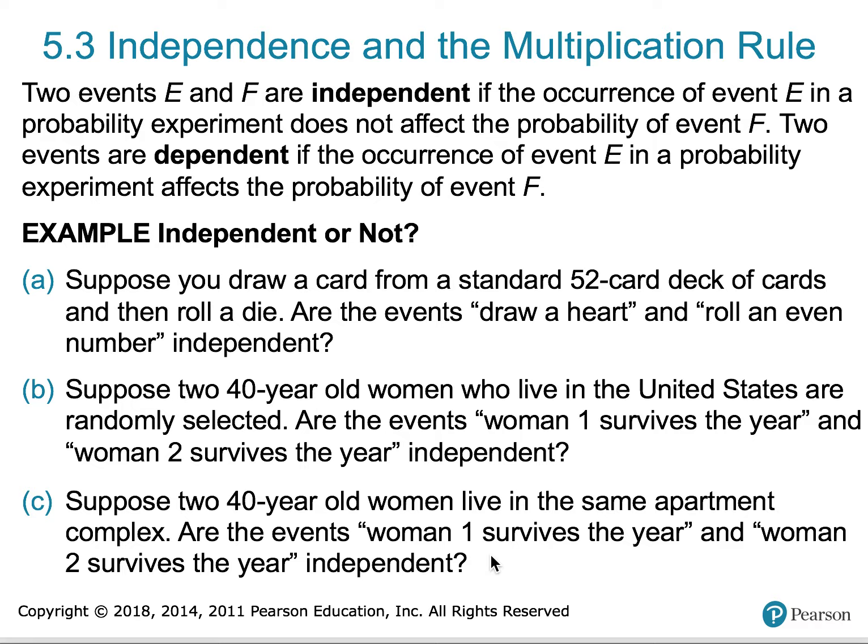Independence means that one event occurring doesn't affect the probability of the other event occurring. So it could also occur or not. But if they're disjoint and we know that one occurs, we know the other one does not because they cannot occur at the same time. Okay, does that make sense, the distinction between those?